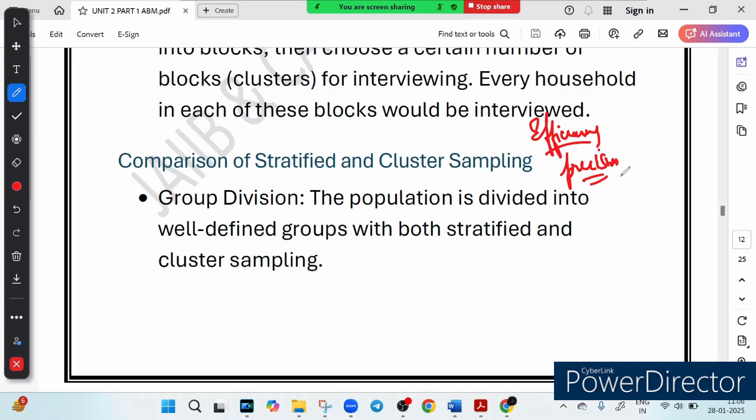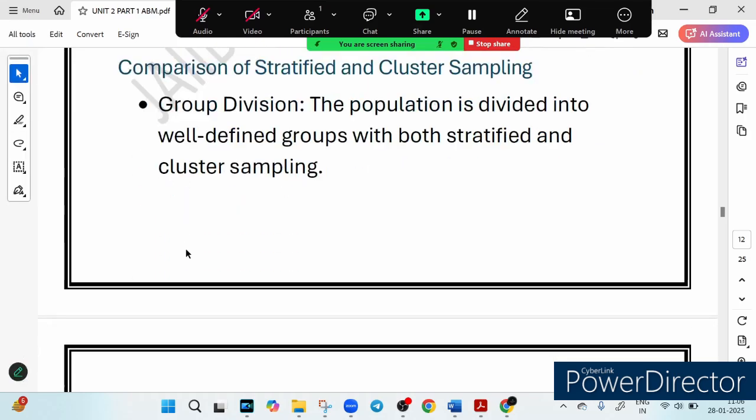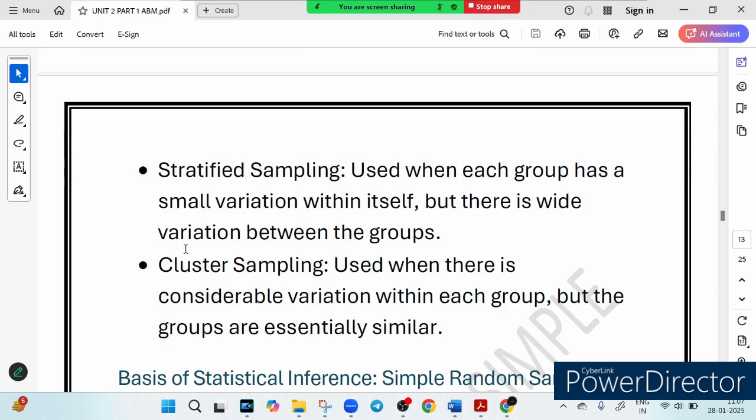In stratified sampling the groups are very different from each other, like age or income groups. In cluster sampling the population is also divided into clusters, but the groups are similar, and there is variation inside them.